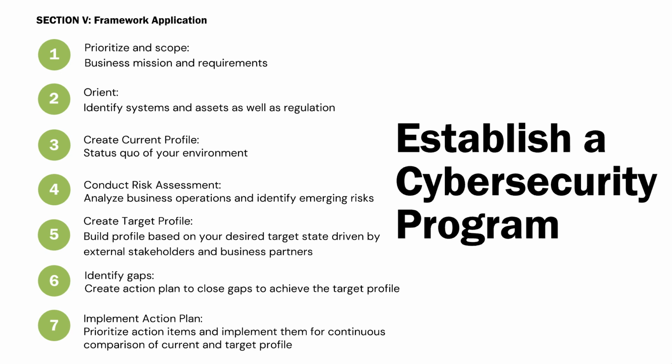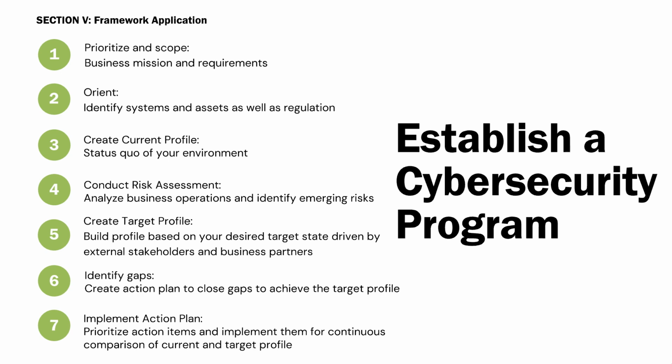And now let's switch to the creation of the target profile in step 5. The organization creates a target profile that focuses on the assessment of the framework categories and subcategories describing the organization's desired cybersecurity outcomes. Organizations also may develop their own additional categories and subcategories to account for unique organizational risks.